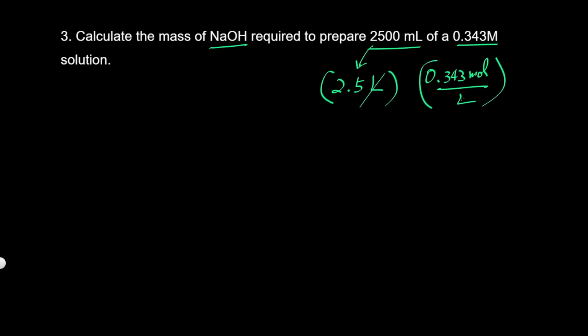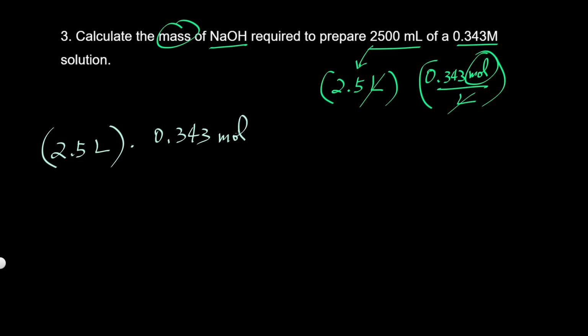What happens when you multiply? Liters will cancel, and it's going to give us the number of moles of NaOH dissolved in there. So all we need to do is change moles into mass, which is in grams, using molar mass. So let's start with 2.5 liters of the solution, but then the concentration is 0.343 mole of NaOH over 1 liter of the solution.